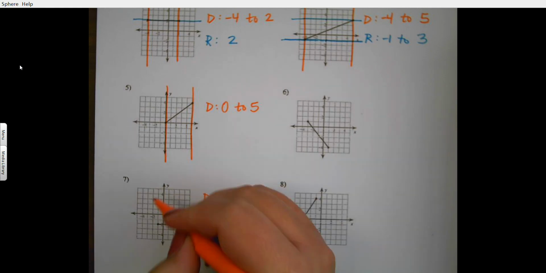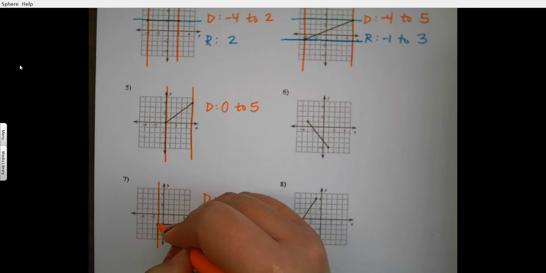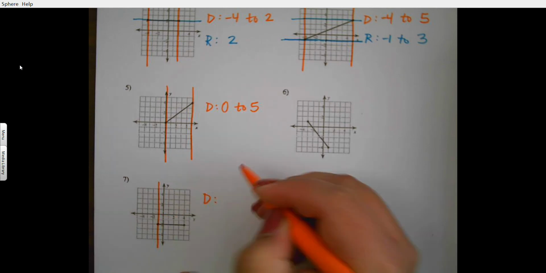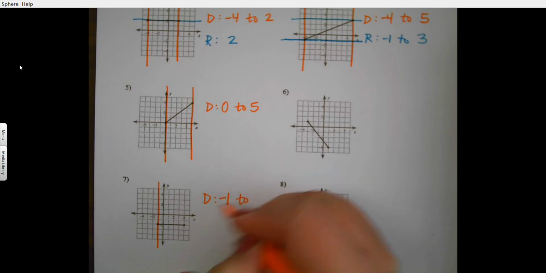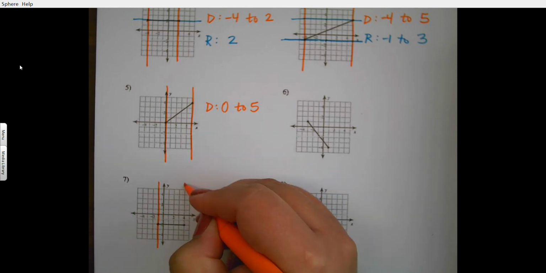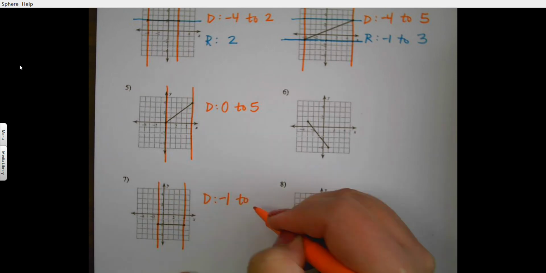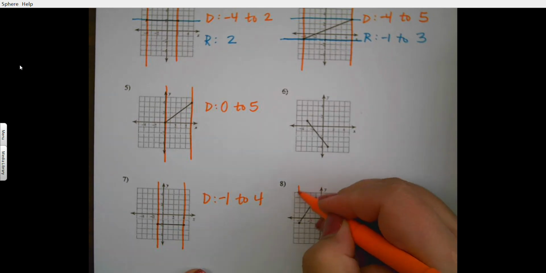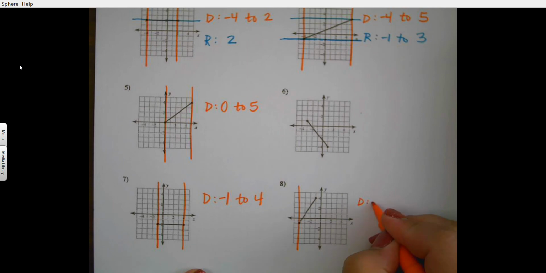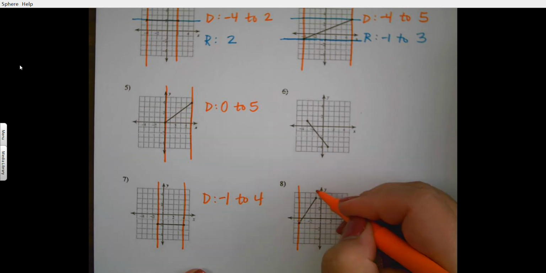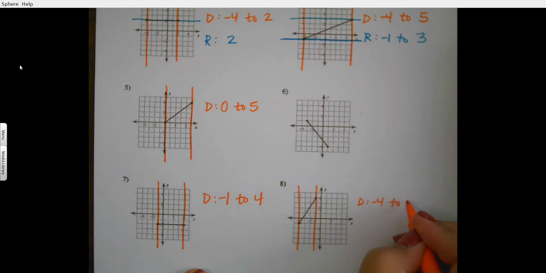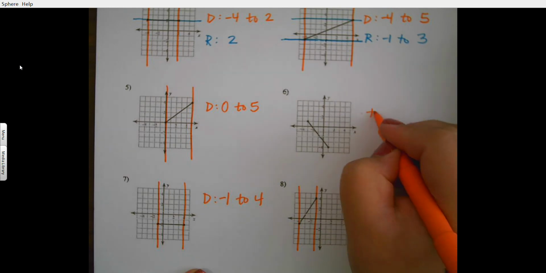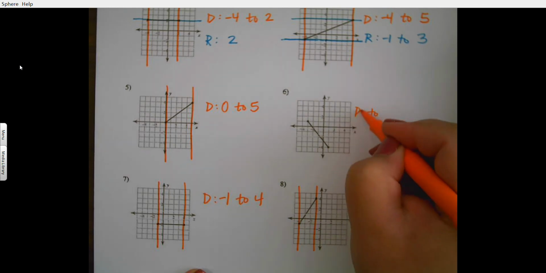My left furthest is -1, to my right furthest is 4. Left furthest is -4. Right furthest is -1.